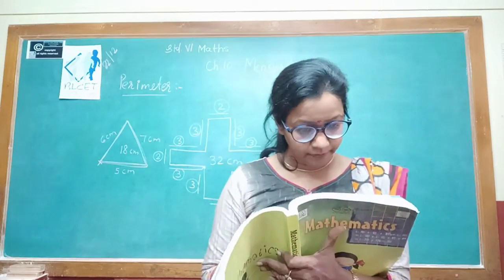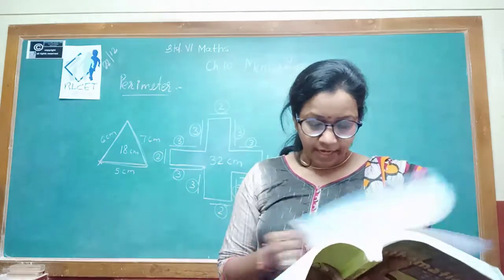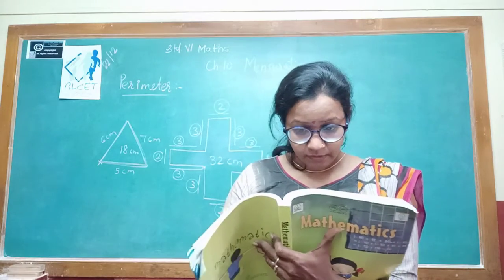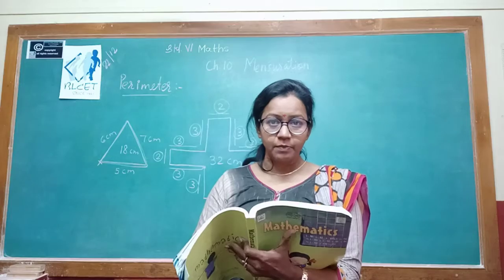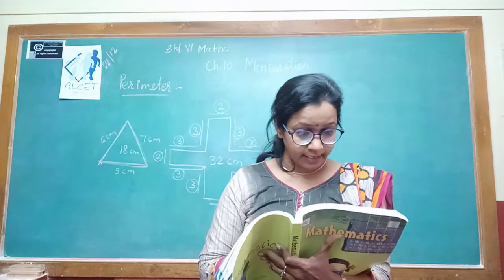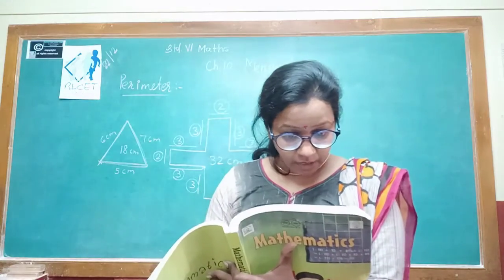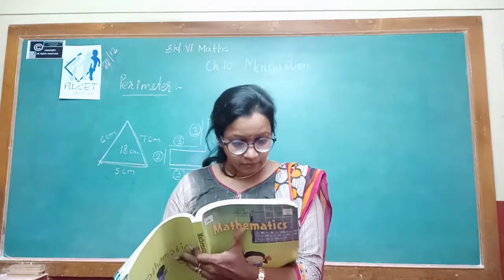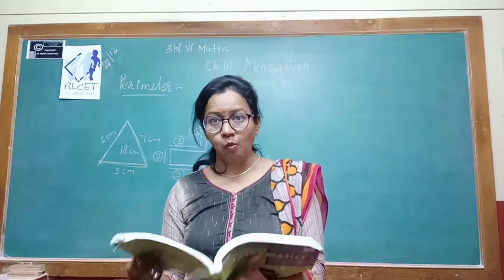See in your textbook. You are given 3 diagrams, and from there we have completed 2 diagrams. The distance you measure from the starting point back to the end point is known as the perimeter of the closed figure. The idea of perimeter is widely used in our daily life, for example a farmer who wants to fence his field.